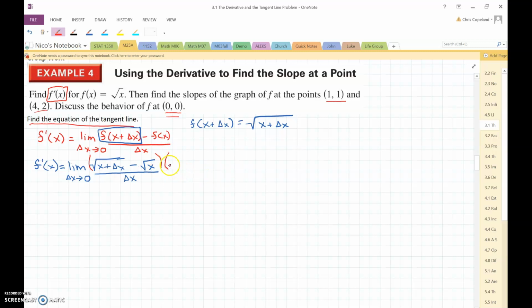Hopefully you remember what the conjugate is from college algebra. The conjugate of the square root of x plus delta x minus the square root of x is the square root of x plus delta x plus the square root of x. And we're going to multiply that by the numerator and the denominator.